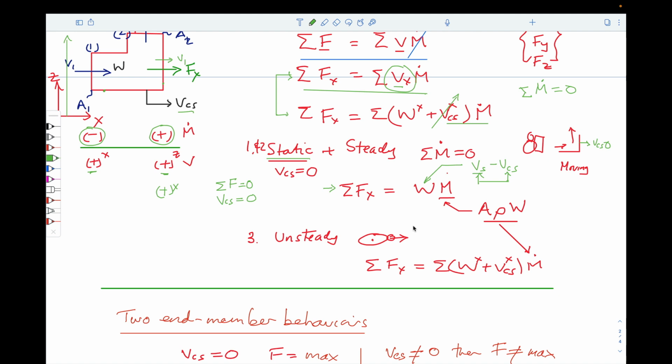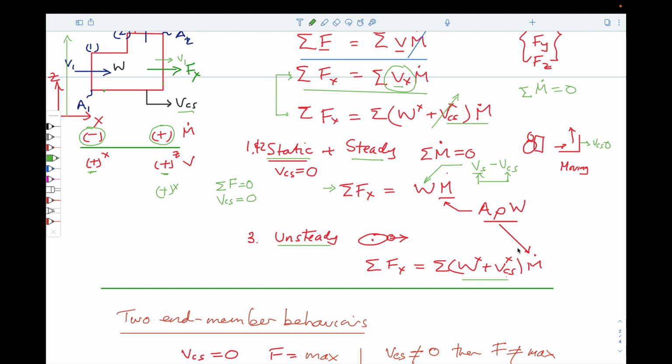If we deal with unsteady conditions, so the gas cylinder case, the jet lev and also the moving vane were the two that we talked about, static and steady. The unsteady condition, we have to include this term now.